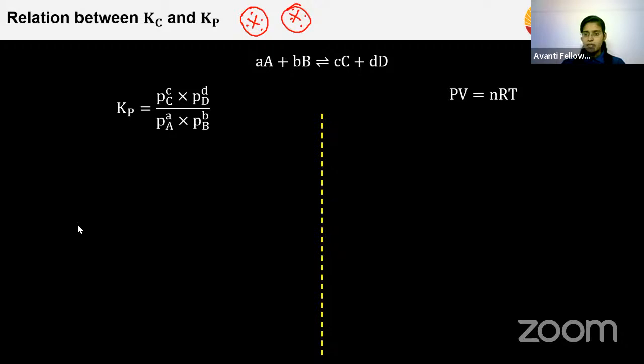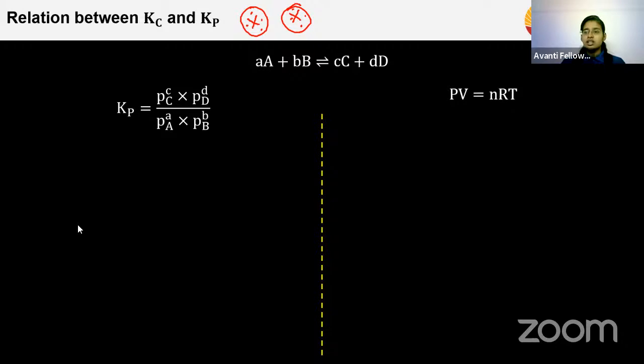Yes. So PV is equal to nRT is the ideal gas equation. Most of you are already aware of this equation. Here P is the pressure, V is the volume, n is the number of moles, R is the gas constant, and T is the temperature.